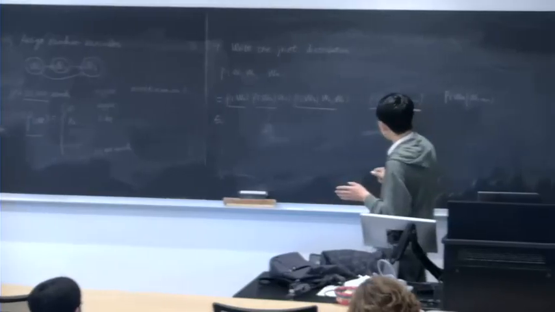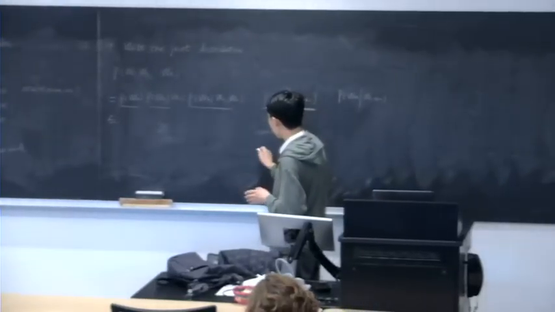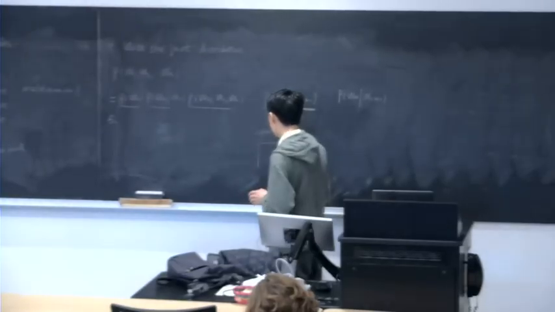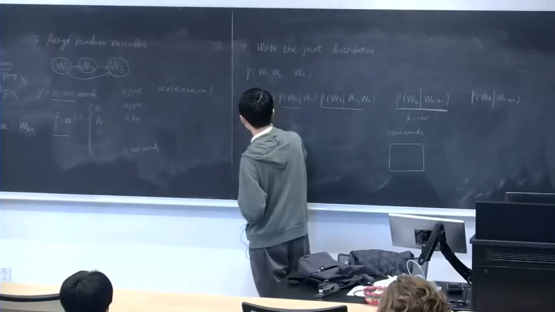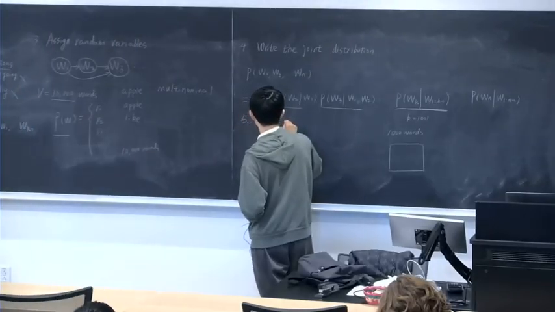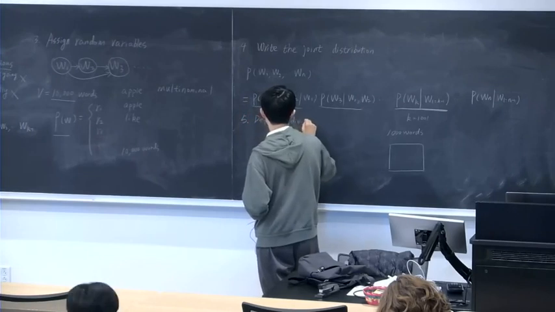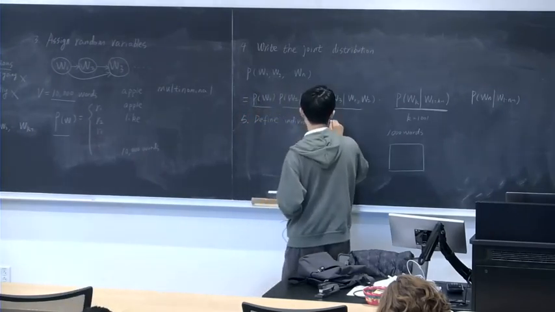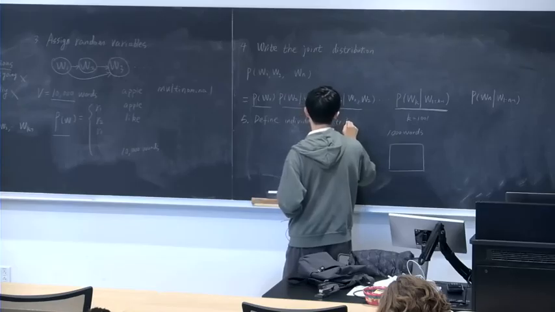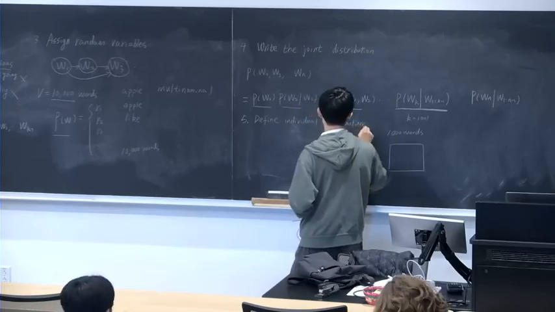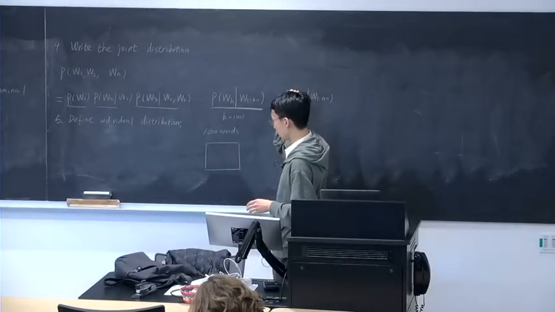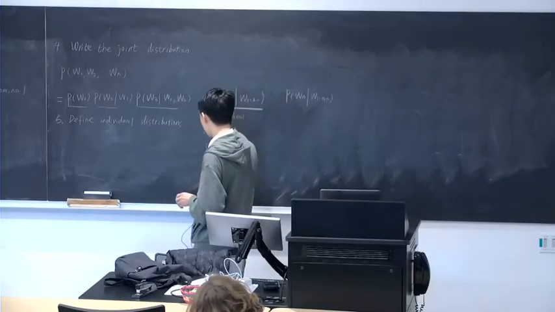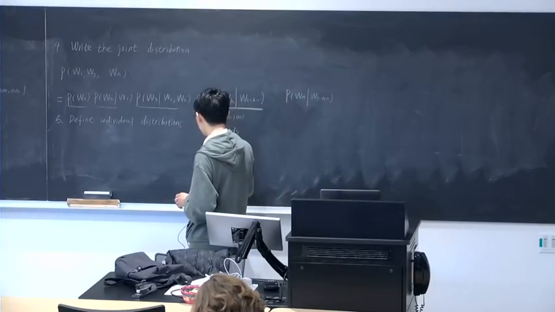So what we can do is basically we define a neural network. And by the way, the fifth step is defining individual distributions. Because this conditional distribution is so complicated, we are going to use a deep neural network to do it. So in general, this deep neural network, let's use a box to denote it.